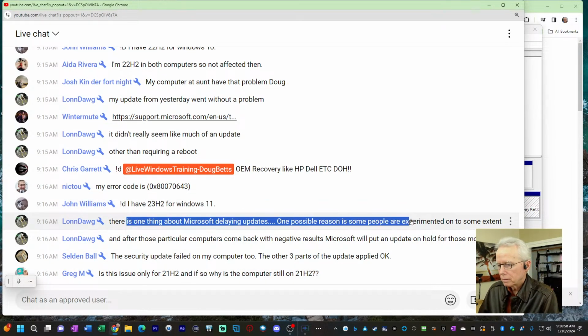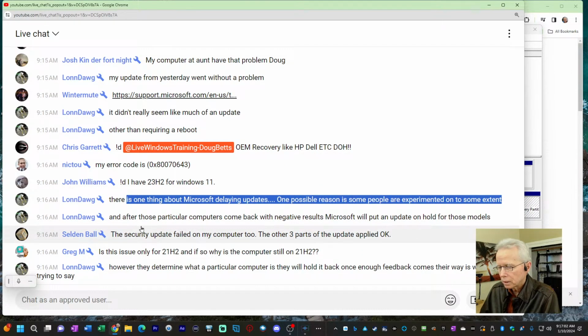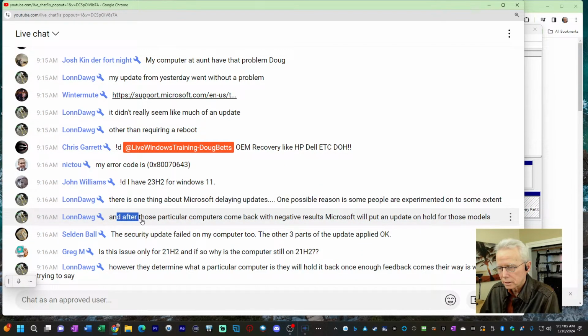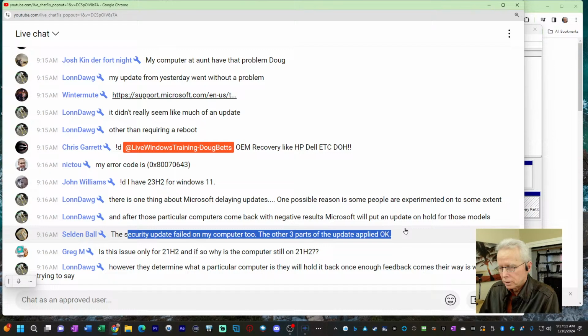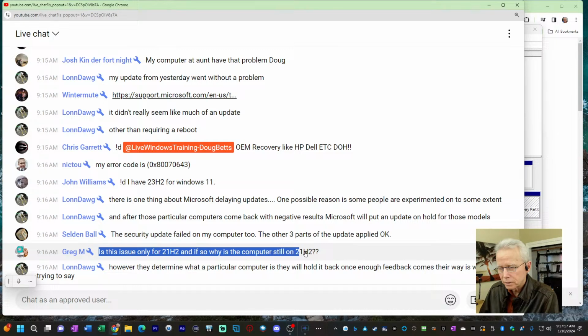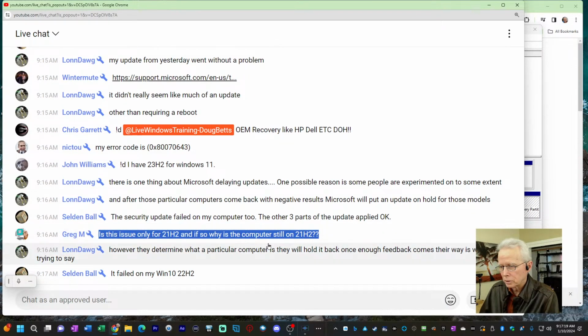There's only one thing about Microsoft delaying updates. One possible reason is some people are experimenting to some extent. After those particular computers come back with negative results, Microsoft puts an update on hold for those models. Security update failed on my computer too, said Selden Ball. The other three parts of the update applied okay. Greg M asked, is this issue only for 21H2?